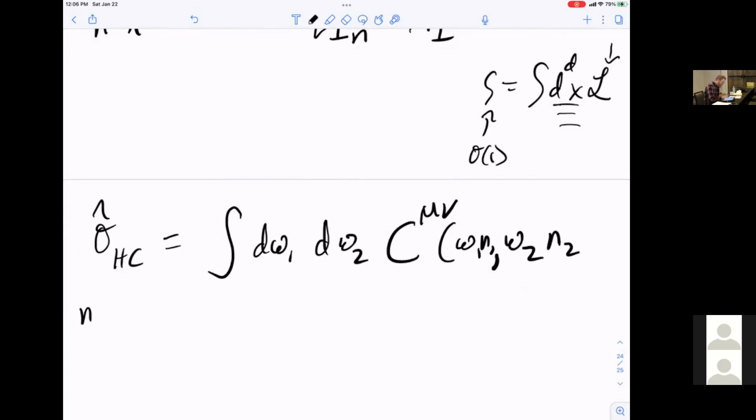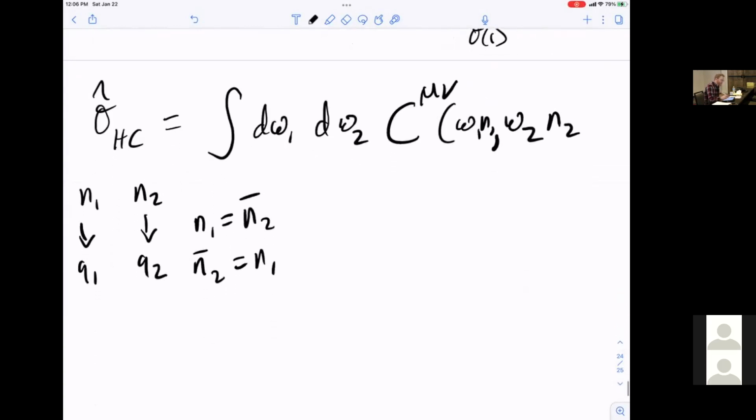I'm going to introduce N1 and N2. You should think of N1 as being parallel to Q1, N2 as parallel to Q2. And really, in our kinematics, this should be true to leading power. But right now, I'm just going to leave them as N1 and N2.